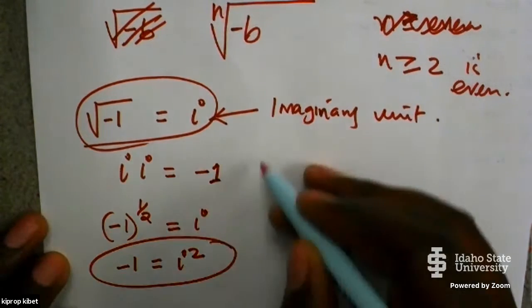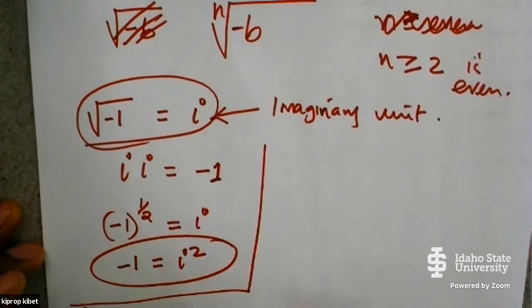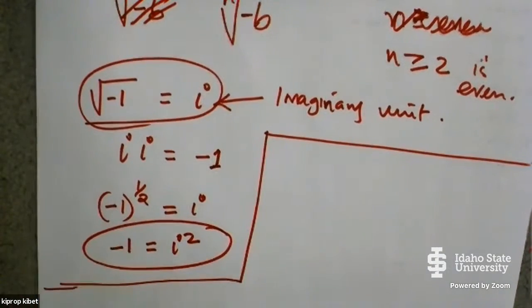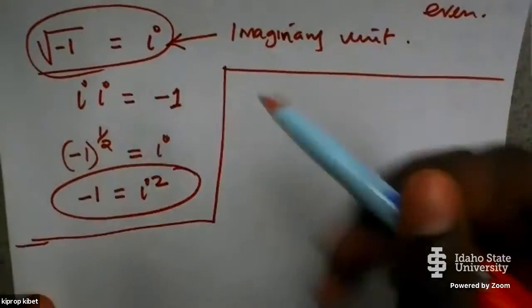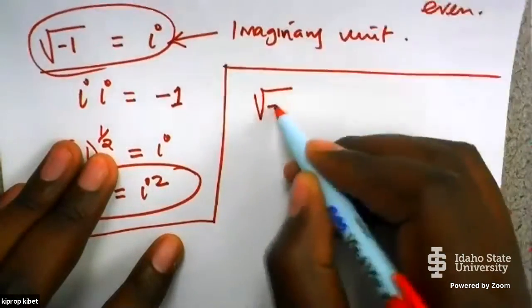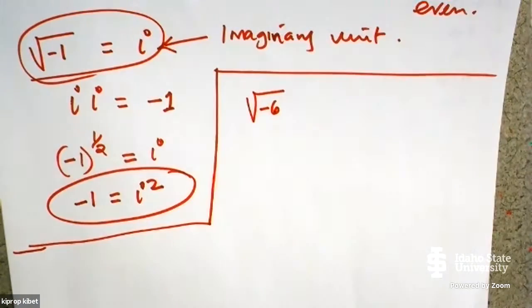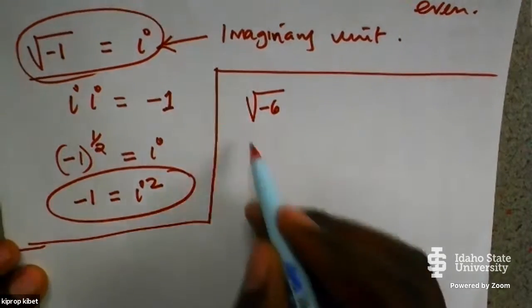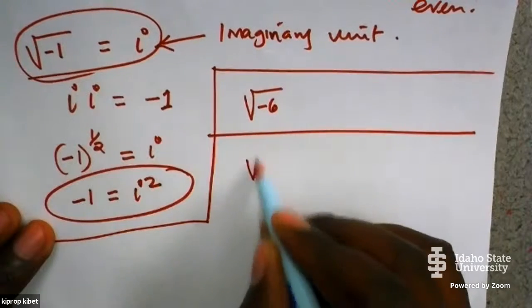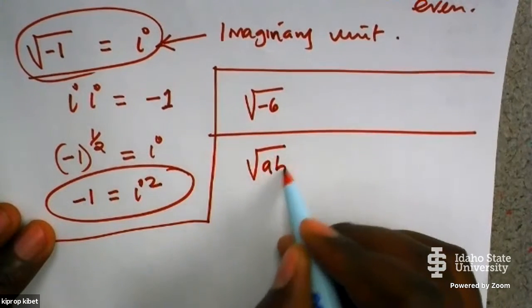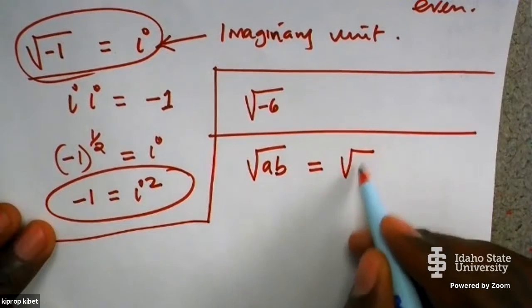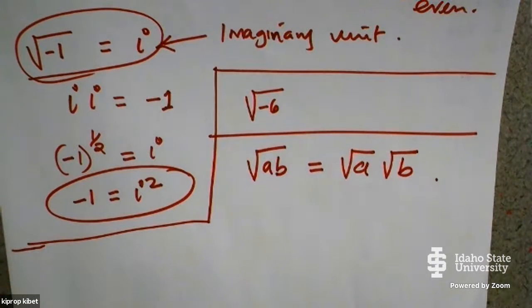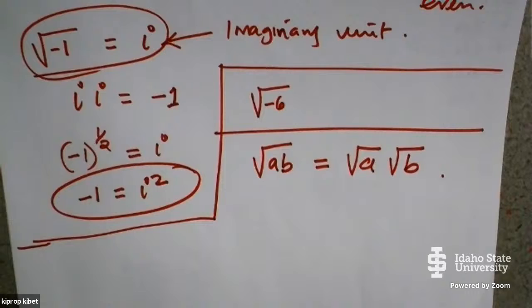After knowing this, we can now solve an example. Let's start with the square root of -6. If you're given the square root of a times b, this is the same as the square root of a times the square root of b.